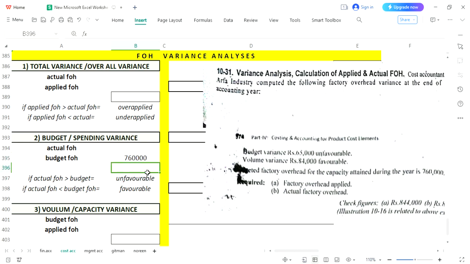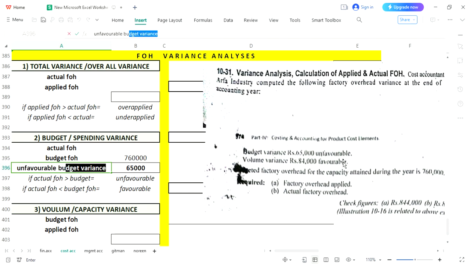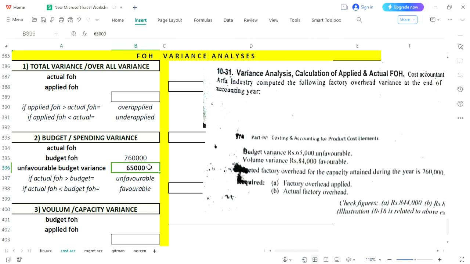You will write 65,000 over here, and mention that it's unfavorable. Look, the same statement is mentioned over here: budget variance 65,000 unfavorable. So here is your budget variance, which is unfavorable.